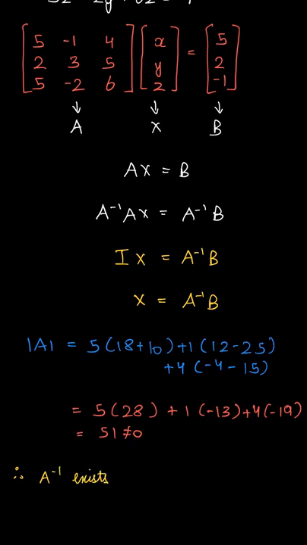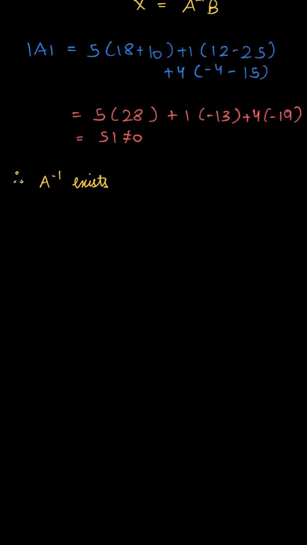Now to find A inverse, we need the determinant of A, which we have already found out, and then the adjoint of A. So for the adjoint of A, we need to find the cofactors of A. The cofactor of A is represented by Aij, where i denotes the number of row and j denotes the number of column. So that is equal to minus 1 to the power of i plus j multiplied by its minor.